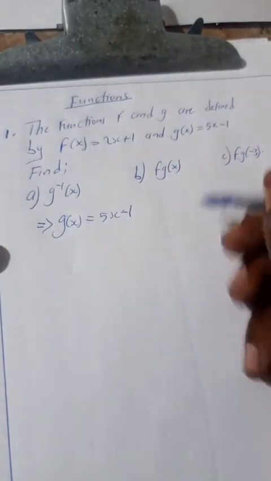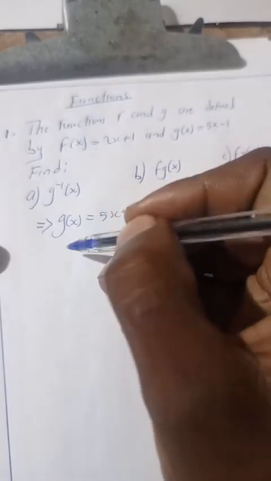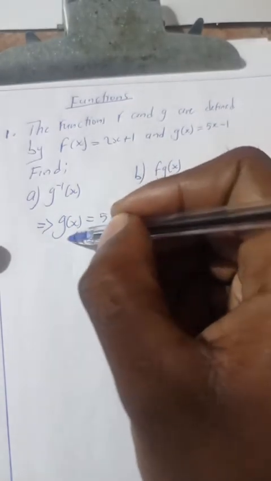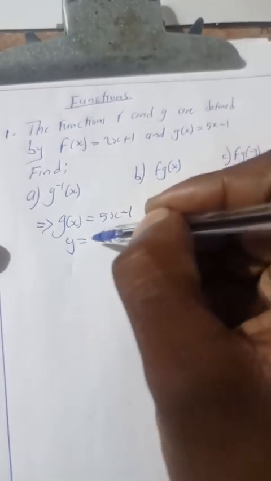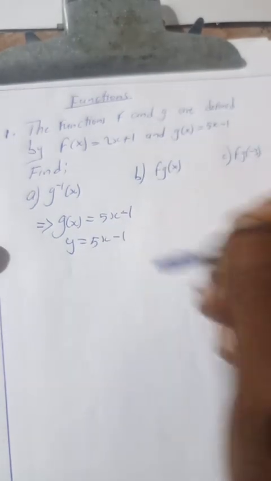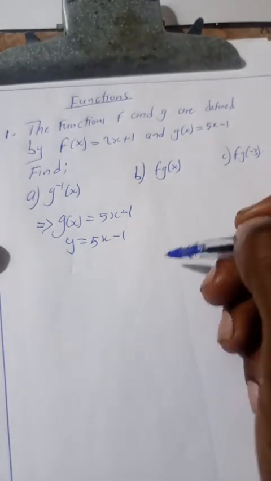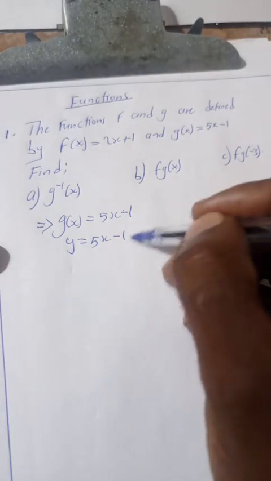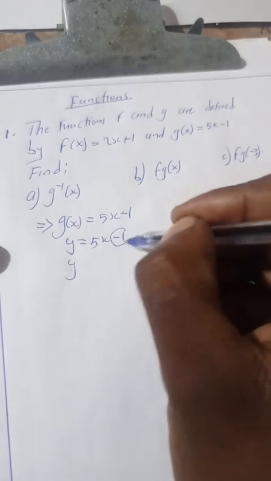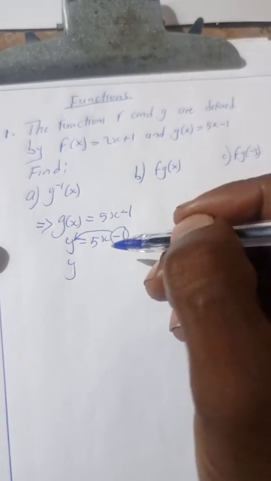Now what we are going to do here is replace g of x with y. So let the whole function be equated to y. We're going to have y is equal to 5x minus 1. The next thing to do here is to make x the subject of the formula. So we're going to find the additive inverse of this one. This guy should cross the equal sign to the other side.